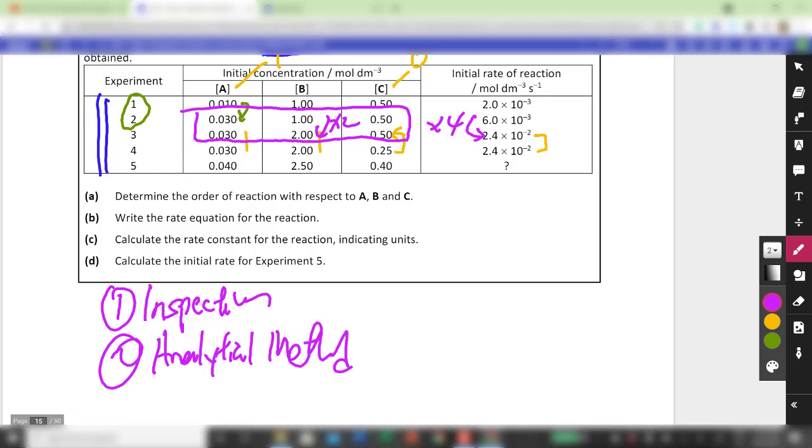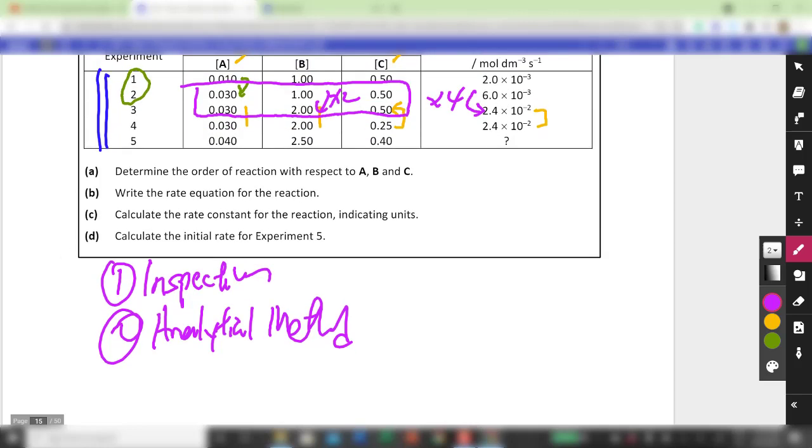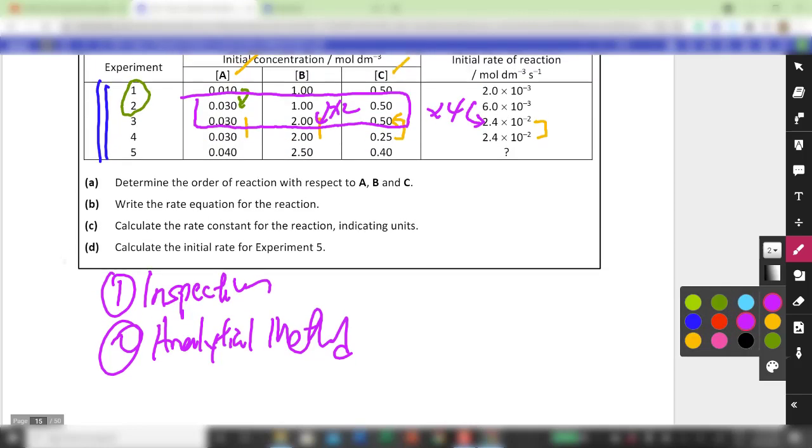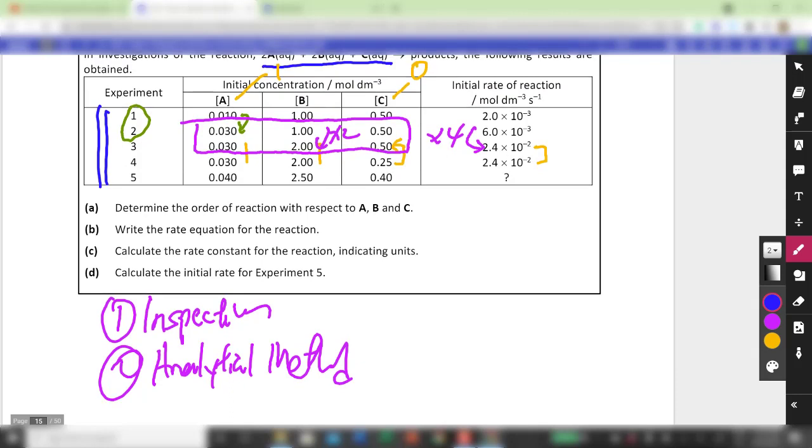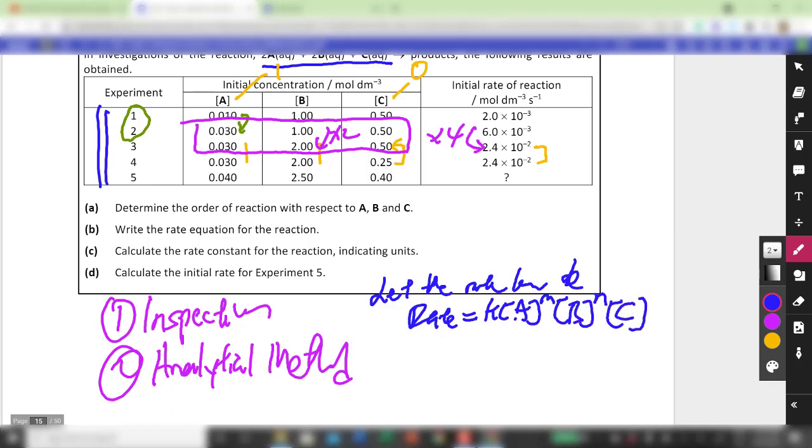Okay, so I'll just give you a really simple example, and then I think the rest you can do yourself. I will begin by letting the rate law be: rate equals k[A]^m [B]^n [C]^q, for example.